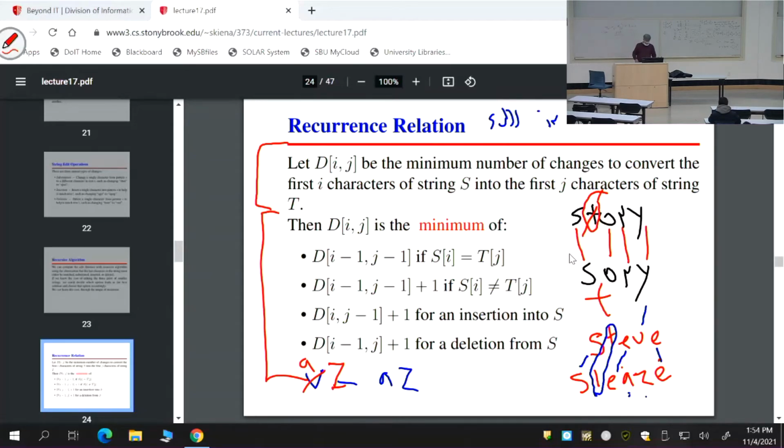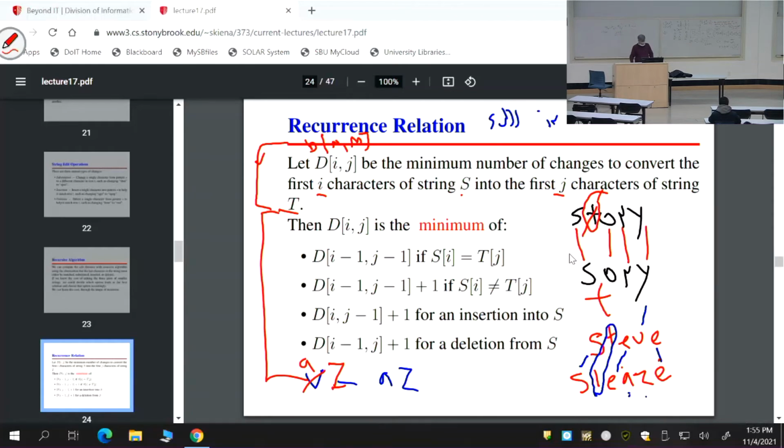We're going to let D(i,j) be the minimum number of changes to convert the first i characters of S into the first j characters of T. If I've got a string of n characters that I want to edit into a string of m characters, the answer I ultimately care about is D(n,m). So if I had a function that did this, I could compute the edit distance between two strings.